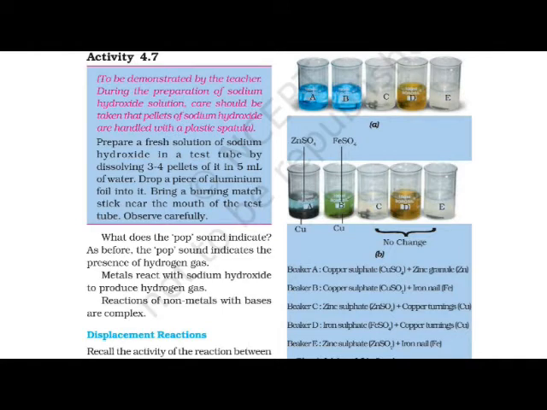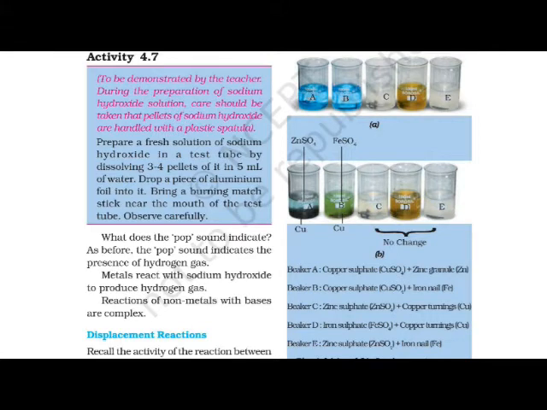You can see beakers A, B, C, D and E. These colors indicate the colors of the reactants before the reaction, and figure B indicates what changes take place after the reaction. So you may be curious to know what changes take place after the reaction between the reactants. We are going to discuss it in detail.